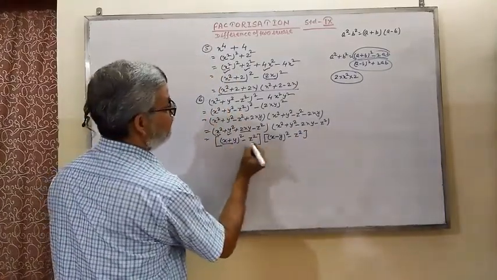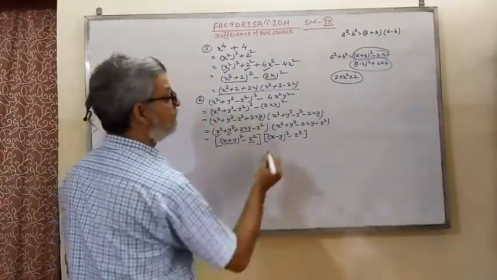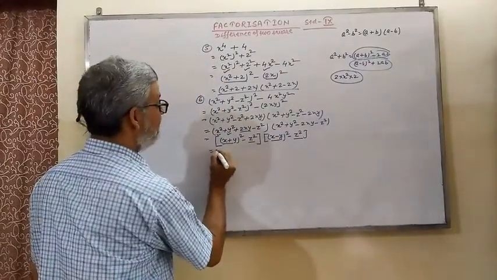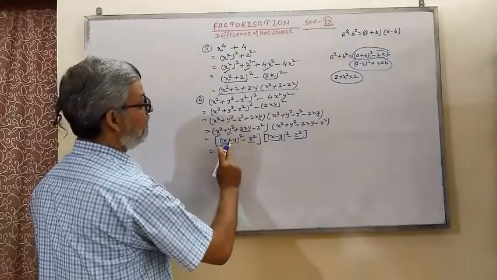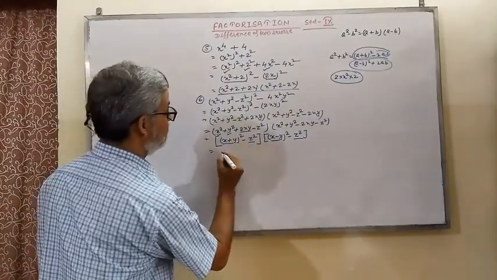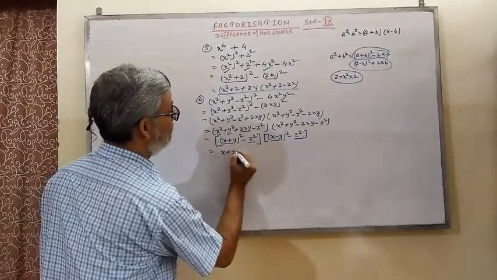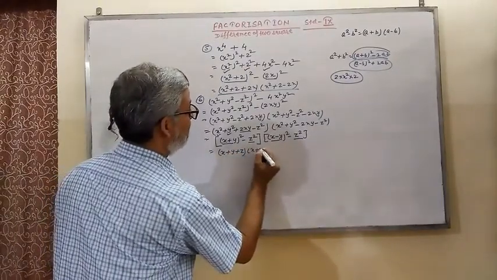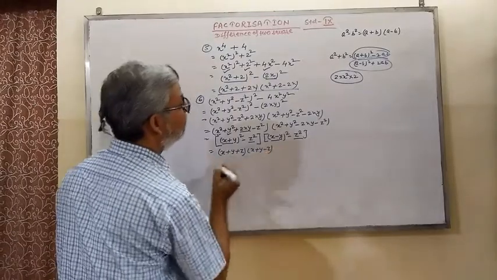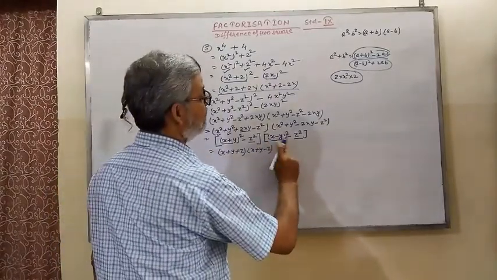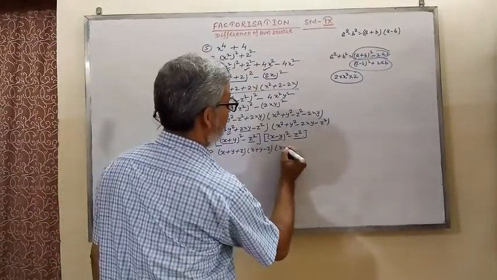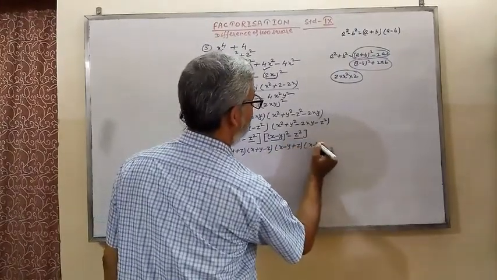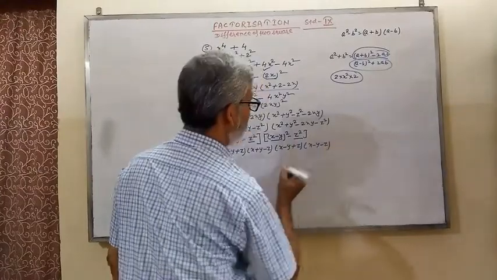Now it is a square minus b square into a square minus b square, so again it is factorizable in the form of a square minus b square: a plus b into a minus b.